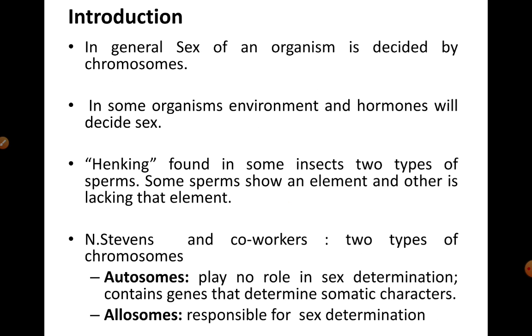Henking in 1891 was the first who studied the role of these chromosomes in determining the sex. He first noticed a different nuclear material in some of the male gametes in the insect. He named it as X chromosome.